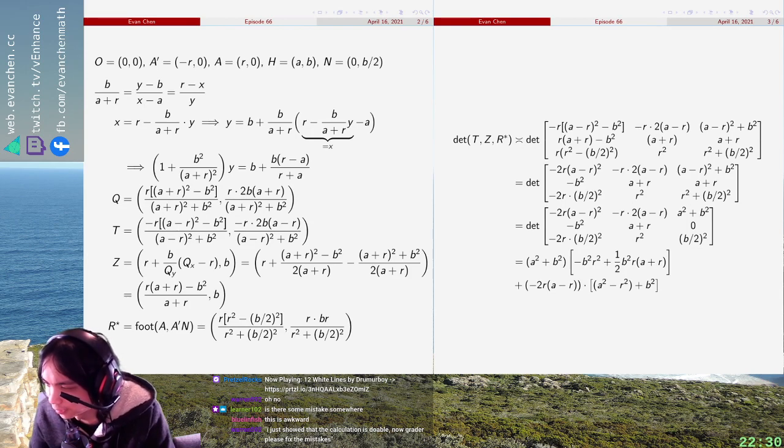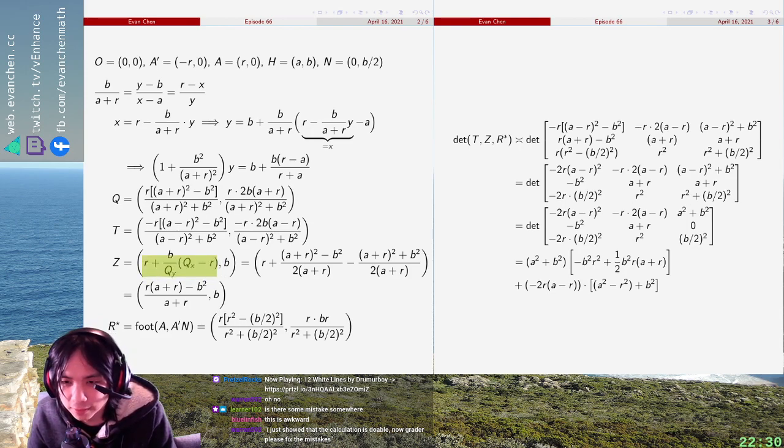Did I screw up z? Z is the one that I'm most worried about because there's no correction. So it's r plus dista qx minus r over qy.